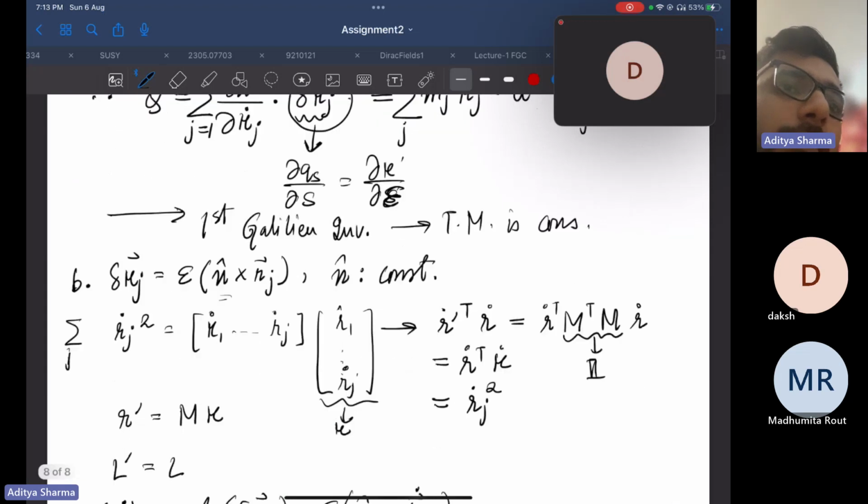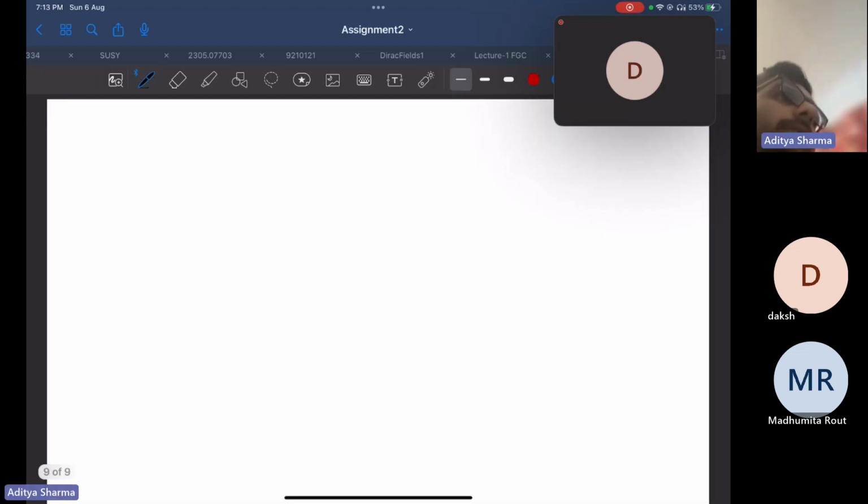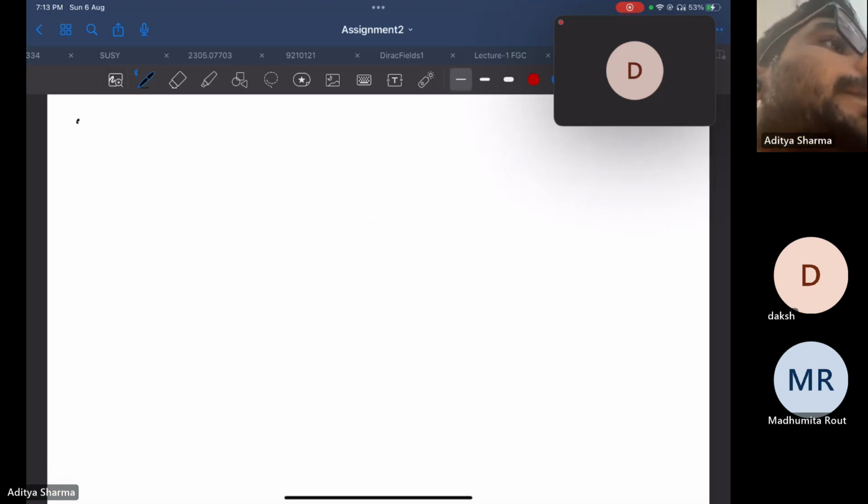As I said earlier, when you find the variation of the Lagrangian delta L, you're going to do two derivatives.